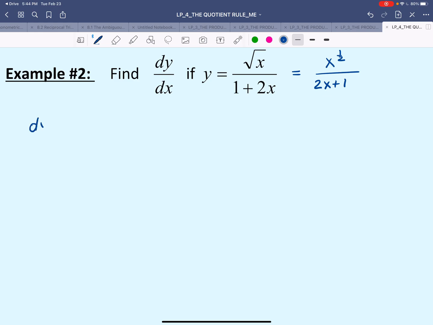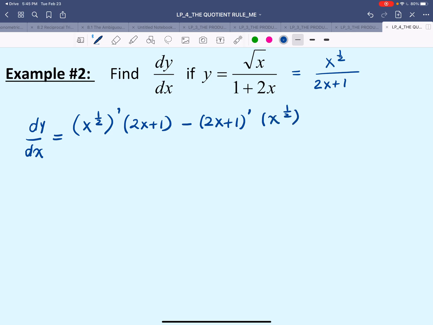So dy dx equals the derivative of x to the power 1 over 2 times the function 2x plus 1, and then minus the derivative of 2x plus 1 times x to the power of 1/2. And all this will be over 2x plus 1 to the power of 2.